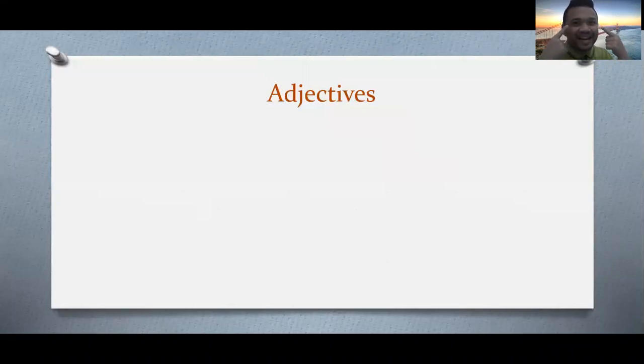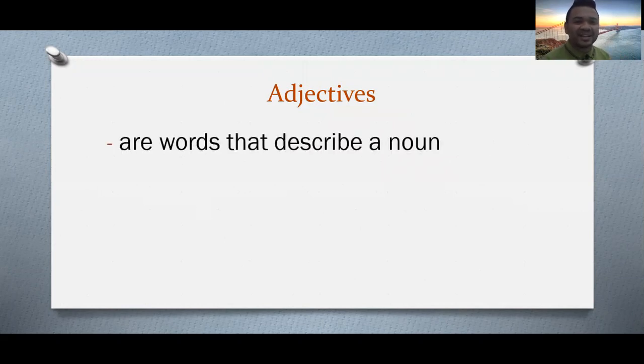Big here is an adjective, which means an adjective is used to describe something. Adjectives are words that describe a noun. When you describe, what can you say about it?